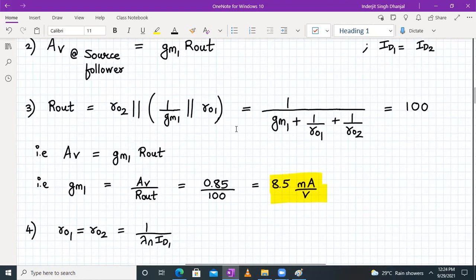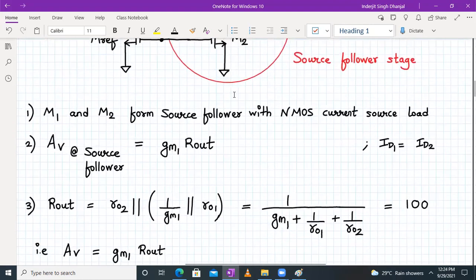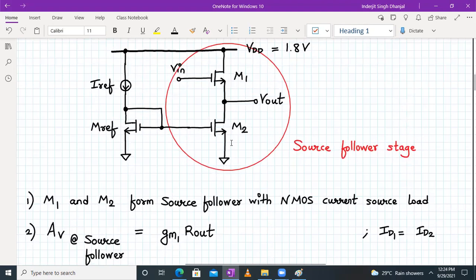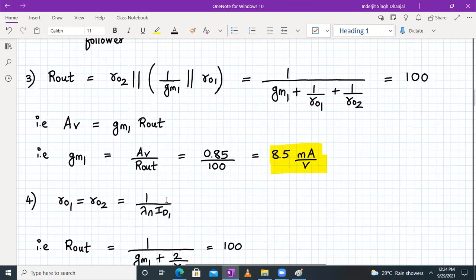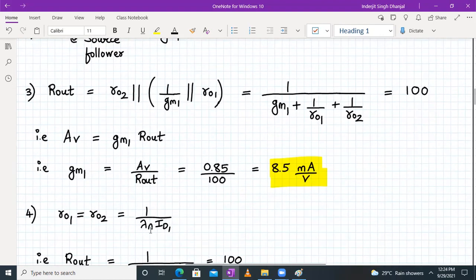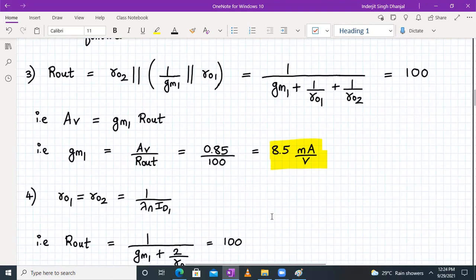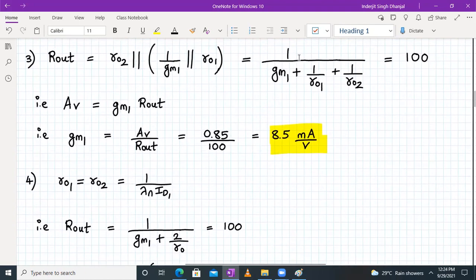We know RO1 and RO2 will be same because ID1 and ID2 are same, and both are NMOS transistors. So RO1 will be equal to RO2, which will be equal to 1 upon lambda n into ID1. Okay, now R out expression is given as 1 upon GM1 plus 1 upon RO1 plus 1 upon RO2. So that can be written as R out equals 1 upon GM1 plus twice upon RO, where RO will be same as your RO1 and RO2.